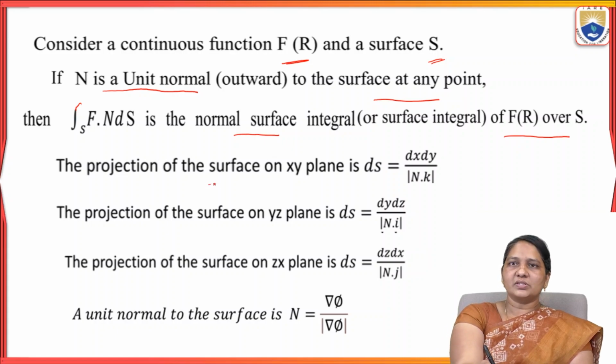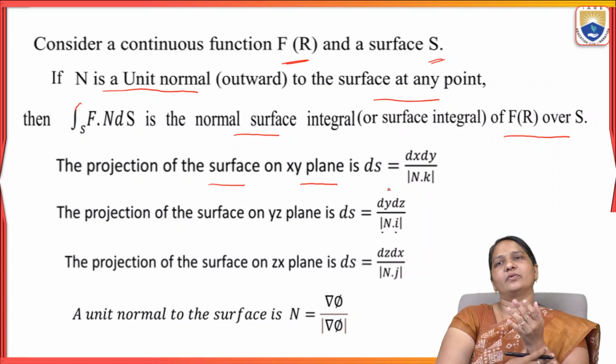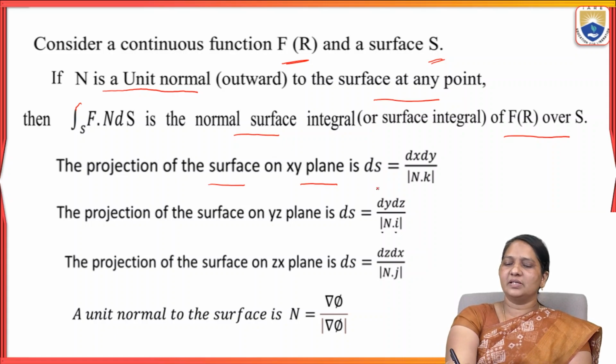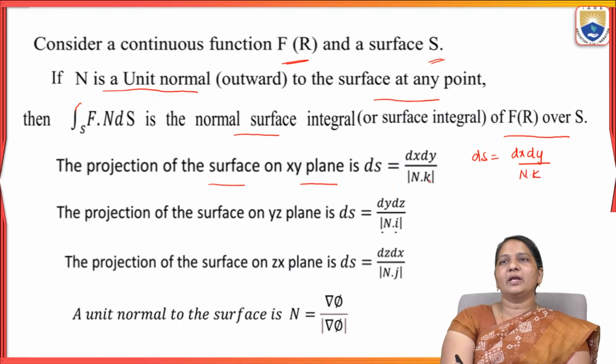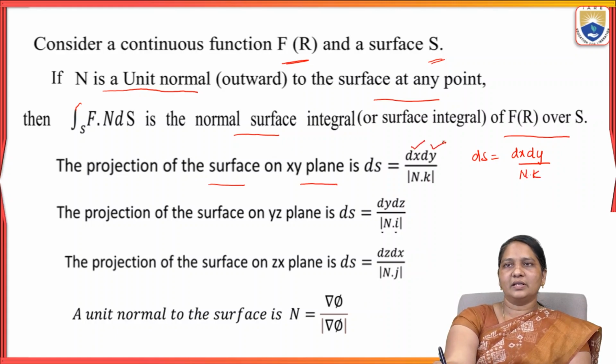The projection of the surface on the xy plane is dS equal to dx dy by n dot k. We can remember it like this: x corresponds to i, y corresponds to j, and z corresponds to k.